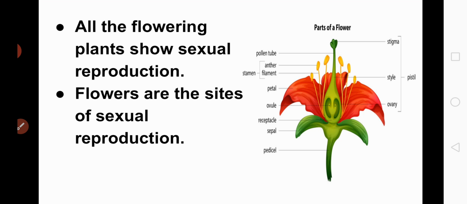All flowering plants show sexual reproduction, and flowers are the sites of sexual reproduction.